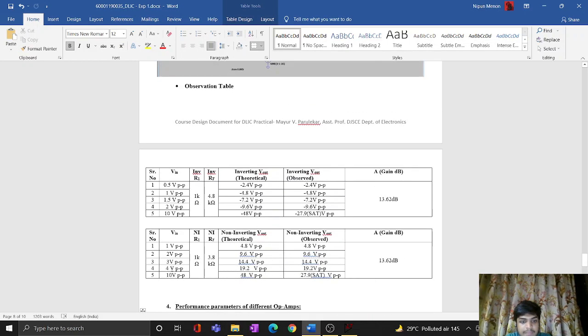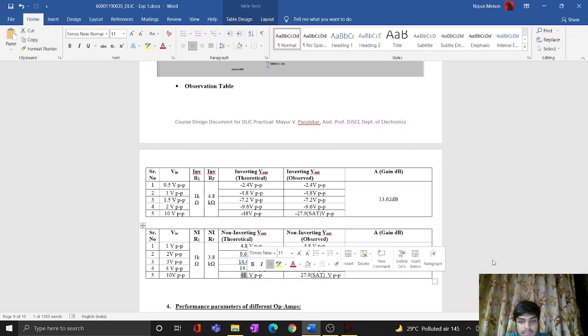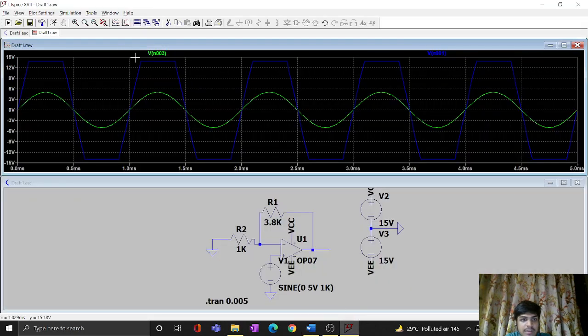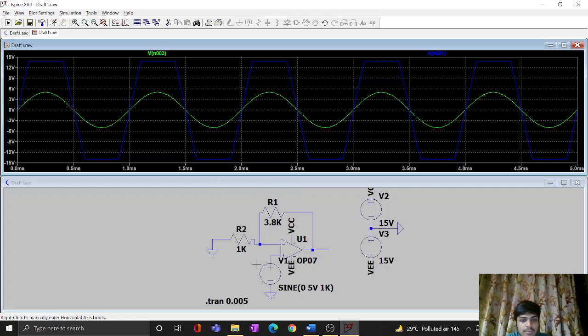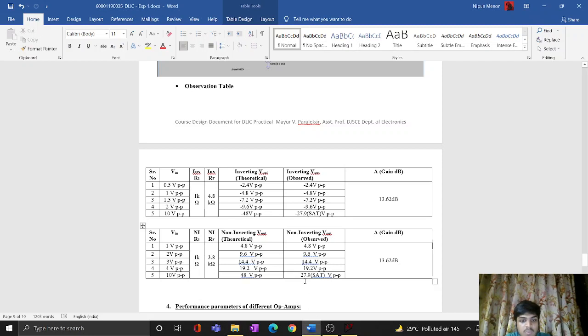And for 5 volts, I get a 10 volt peak to peak input, and theoretically the output should be 48, but it cuts off at around 27.9 peak to peak as seen over here, above 14.9 and below, and hence we get around 27.9 volts peak to peak in both the cases. Thank you.